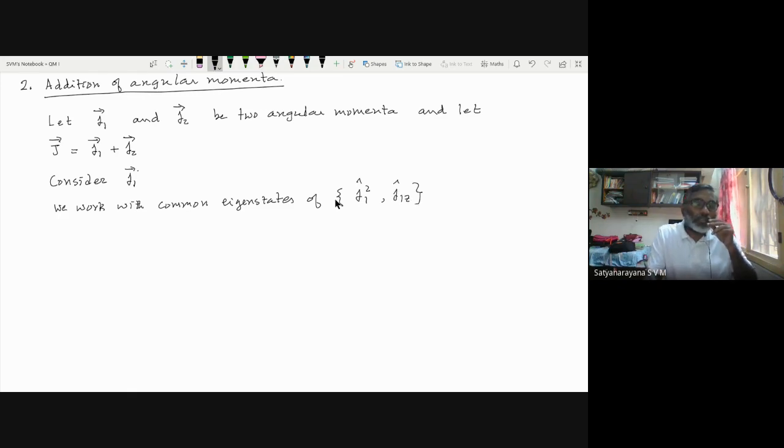Just like L square and Lz, we work with j1 square and j1z.